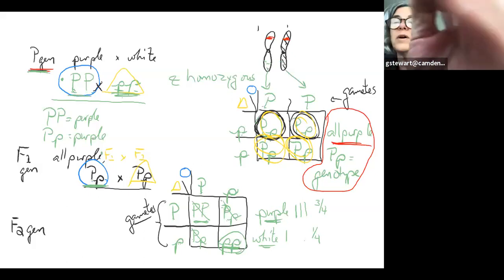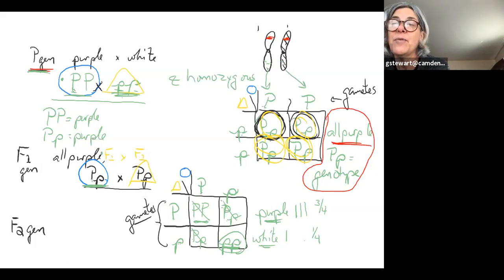Starting with the F1, the F1 are all heterozygous over here, right? Now, in my F2 generation, we would designate this first one that's capital P, we would call that homozygous dominant, because I have 2 capital P's. These 2 are heterozygous because they have 1 capital, 1 lowercase, and then this one we would call homozygous recessive.